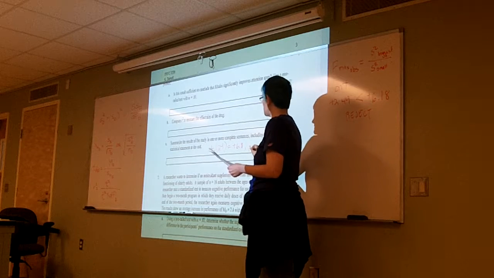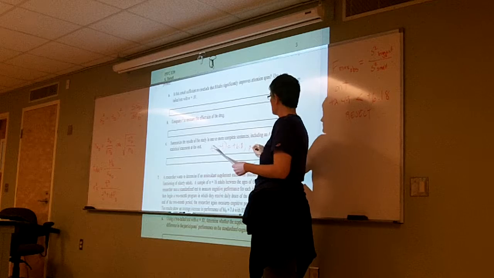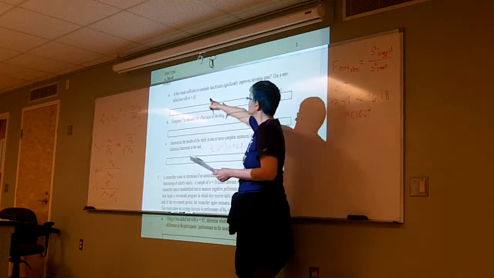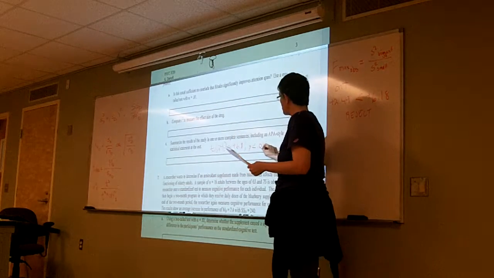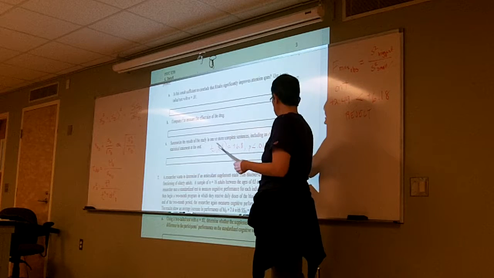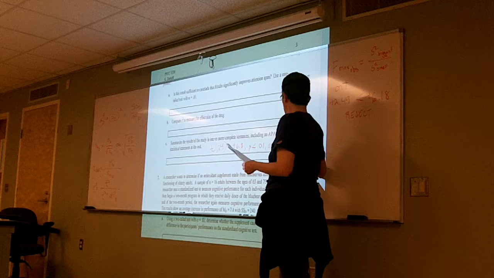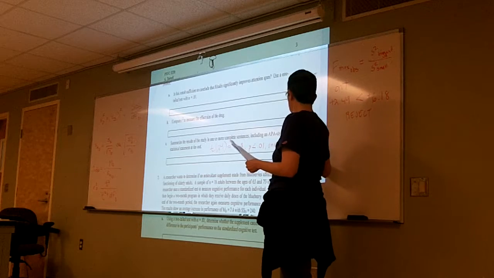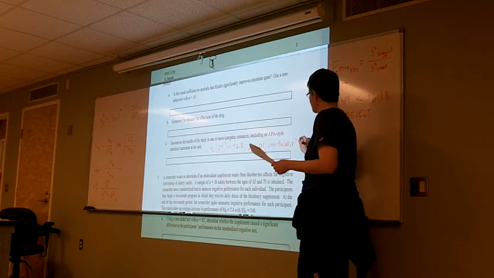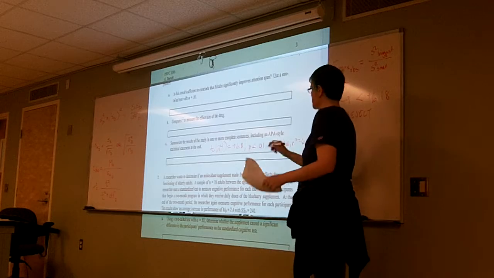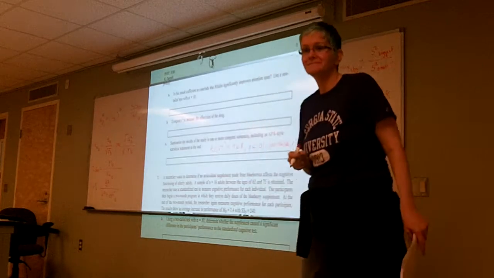P is less than 0.01, right? Because our alpha is 0.01, right? One tail. R squared equals 61%. Yep. Did you get it?